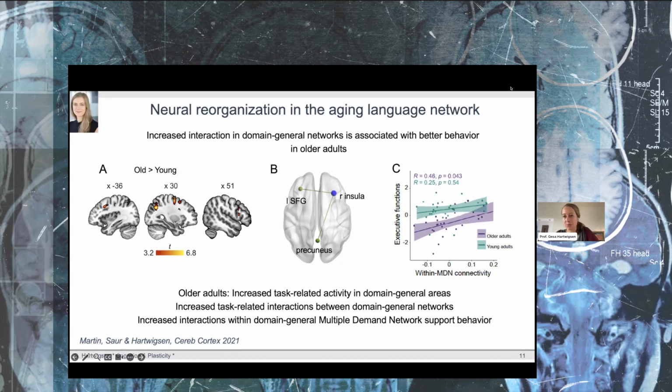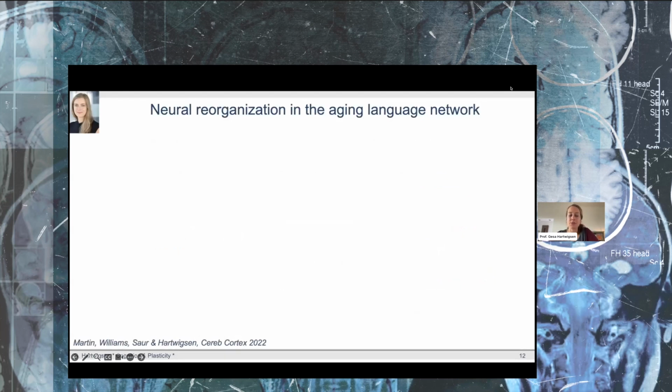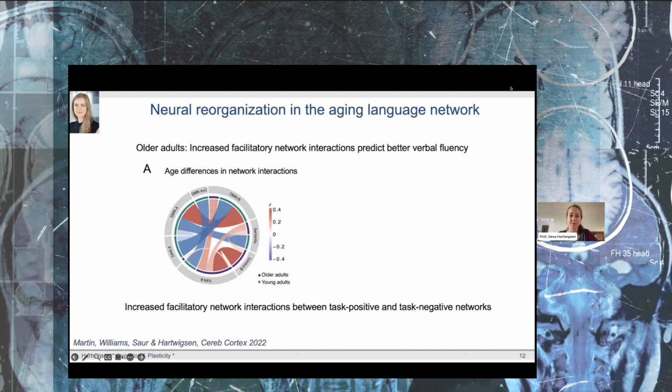But what about language? So can we also relate these changes to better language performance? So to address this, Sandra recently reanalyzed her data, and she found that older adults also show increased facilitatory network interactions, which are associated with better verbal fluency performance, so not just executive functions.